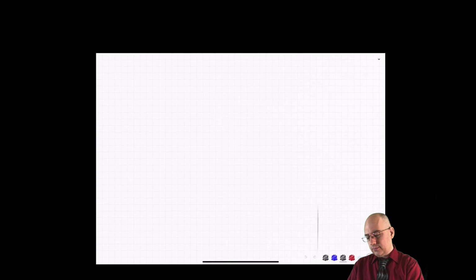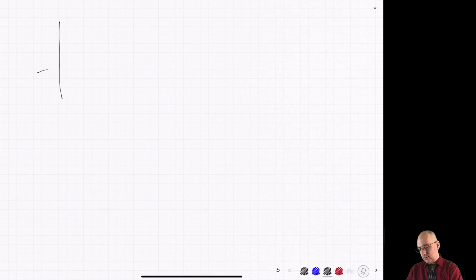So, the idea is, we have some kind of projectile thing going, let's say this is at 6 feet off the ground, and it shoots out, say, like a Nerf gun or something, or a gun, or whatever.